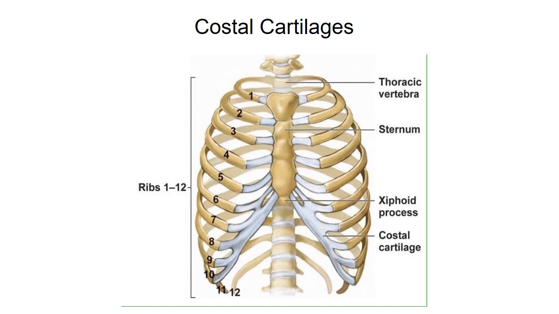Now talking about the direction of the costal cartilages, the direction is variable. As the first costal cartilage approaches the sternum, it descends a little, as you can see here. The second costal cartilage is horizontal. The third costal cartilage ascends slightly, as you can notice here.